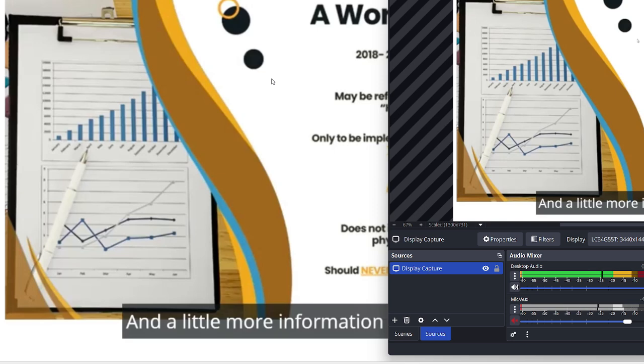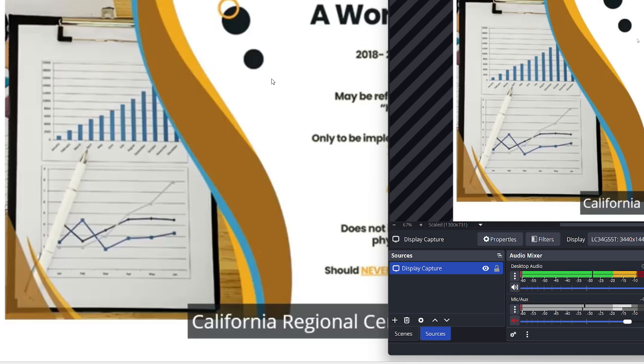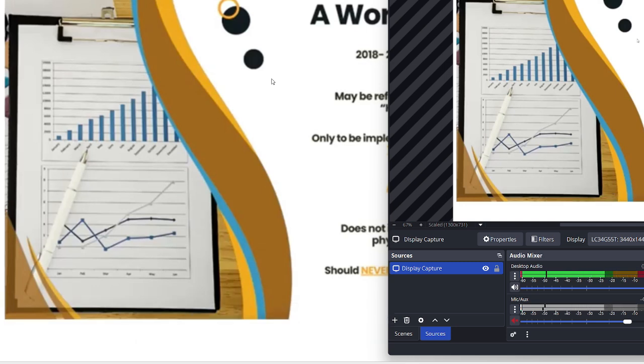And a little more information on that as it pertains to Alta California Regional Center in general is some statistics are included here, such as in 2018, there were 242 incidents reported to Alta California Regional Center.